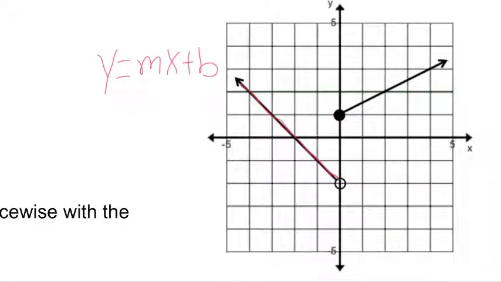So my b is the easiest one. Y-intercept is going to intercept the y-axis at -2. So my b is -2. My x is always going to be there. My slope, going up from this 0, -2 point to my next point, which is at -1, -1, I go up 1 to the right 1.